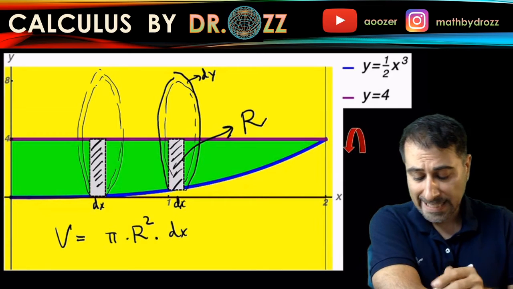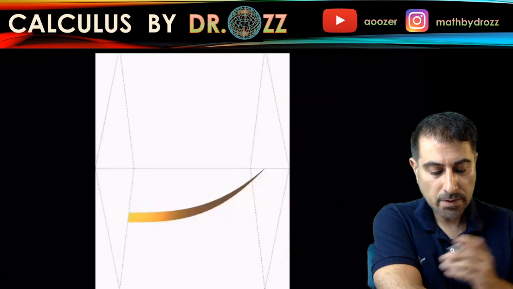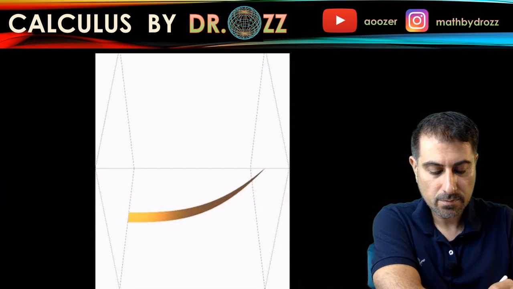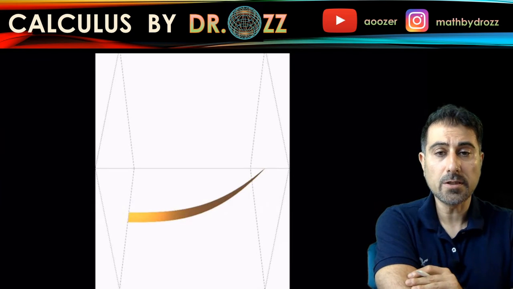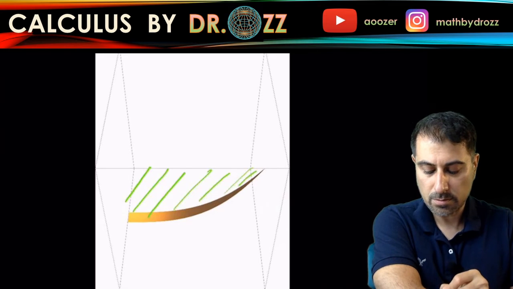But before doing that, let me just show you how the 3D picture looks. This is the region you have, the green region, and you keep revolving that around the y equals 4 line.